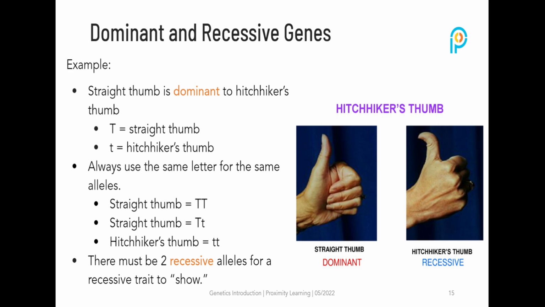And then the hitchhiker's thumb, you can only get that if they are both lowercase. So both recessive. There must be two recessive alleles for a recessive trait to show. All right, so anytime you've got a capital letter, it's going to be the dominant. And the only time you can get the recessive is if they are both lowercase.